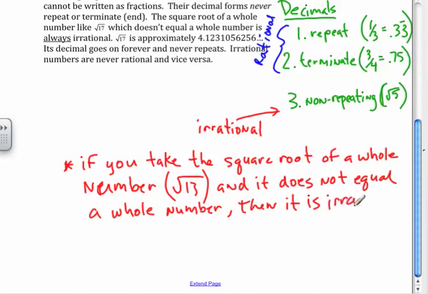You can always tell, if it doesn't come out to a perfect number and end, then it's irrational.